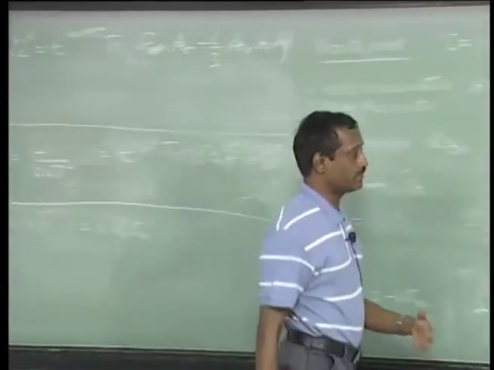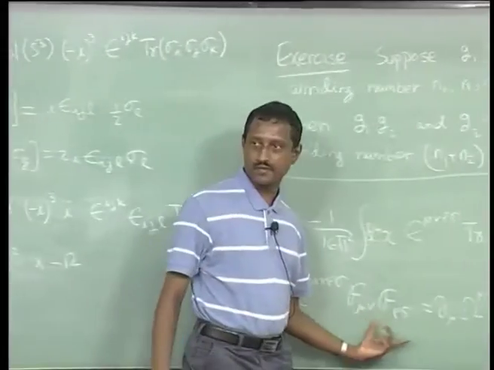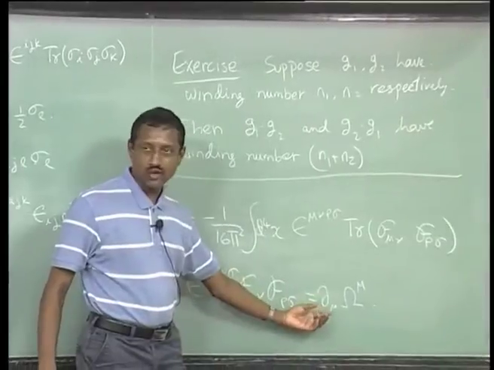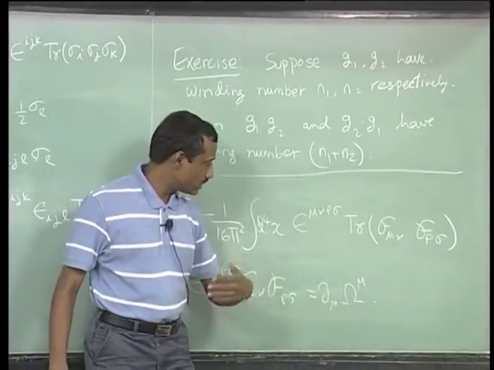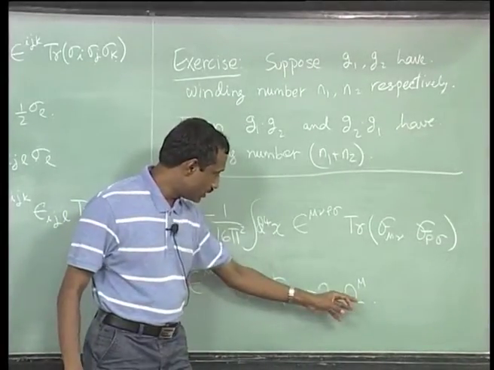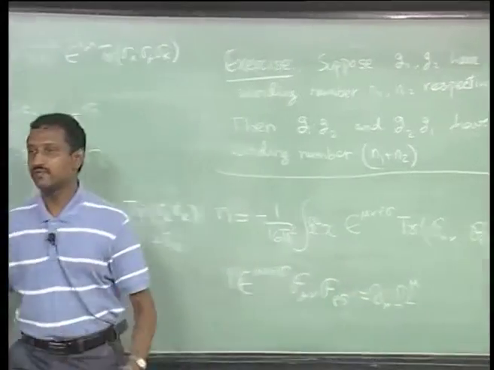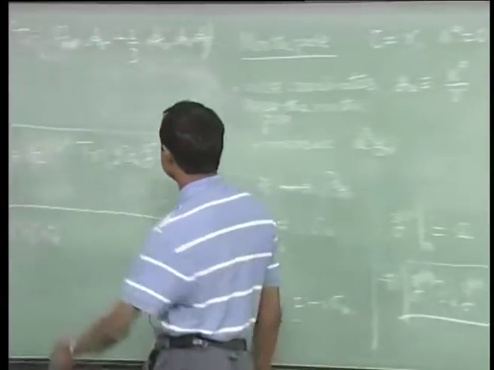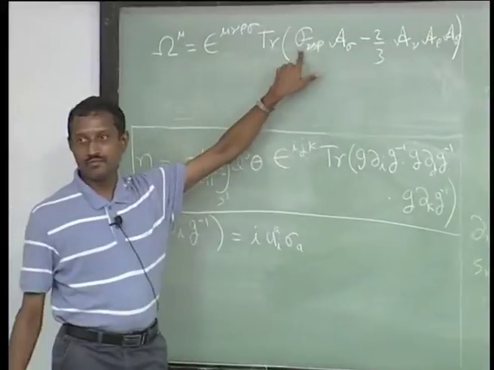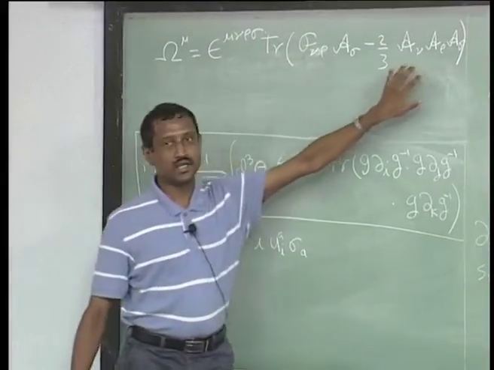The easy way to check this is in terms of derivatives: this term has precisely 2 derivatives and you are pulling out one derivative. So omega mu should be constructible from just one derivative and gauge fields. This is the term which has one derivative and 2 gauge fields, and this has 3 gauge fields.